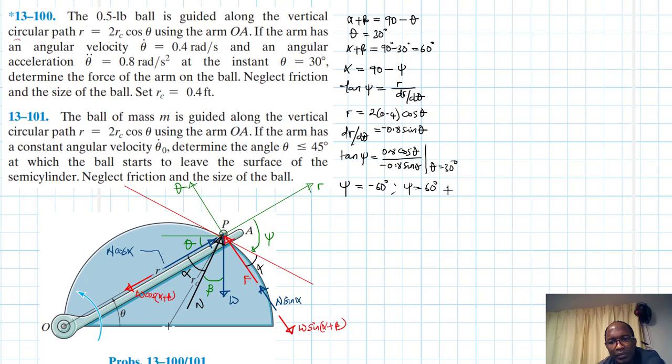Great. Therefore, our alpha, which is equal to 90 minus psi, is equal to 90 minus 60, which is equal to 30.